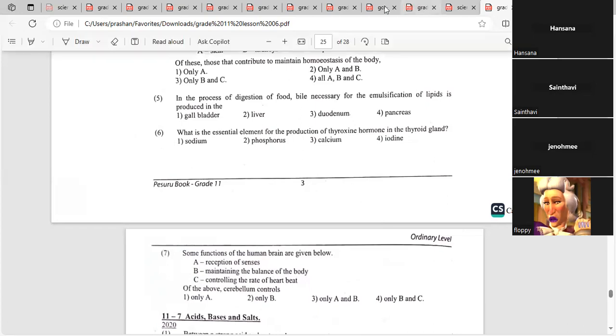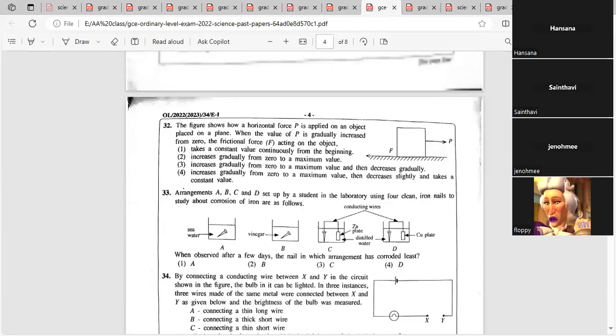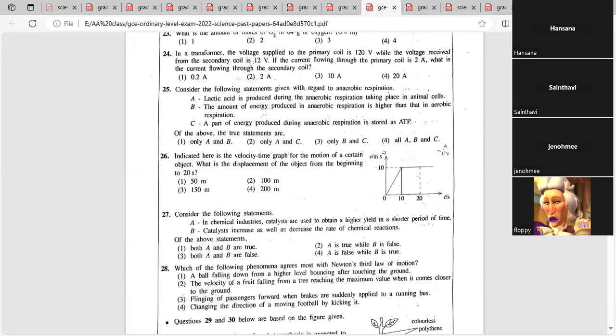And this is the 2022 question paper. There also I found an MCQ question from this lesson. This 25 question is from this lesson. I think now you understand this lesson is very important. There were MCQ questions, structured essay questions, and each year there were essay questions as well.